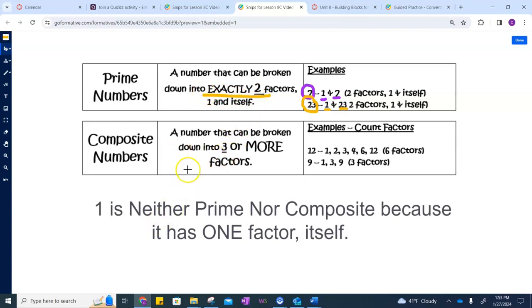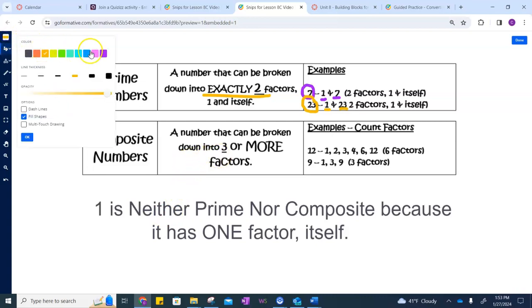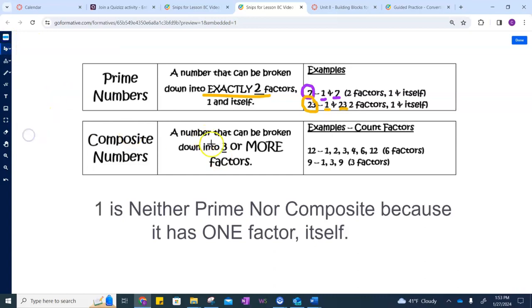A composite number is a number that can be broken down into 3 or more factors. So if we look at the number 12, we were able to find 1 and 12, 1 and itself, but there were others as well. 2 and 6 are whole numbers that go evenly into 12, so they are factors of 12.